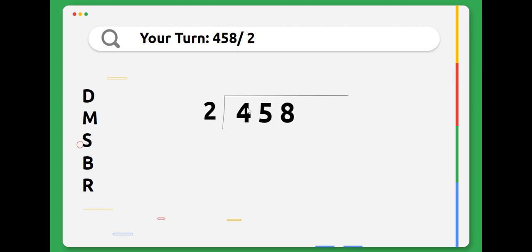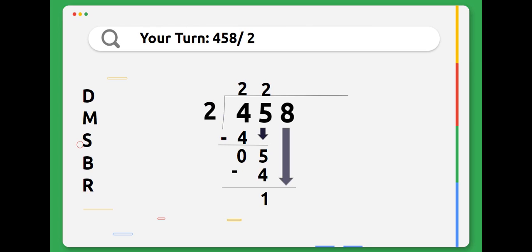All right, so you should have said 2 goes into 4 2 times. You should have multiplied 2 times 2 to get 4, then subtracted it to get 0, then brought down the 5, repeated the process, says 2 goes into 5 2 times. 2 times 2 is 4. Subtract that and you get 1.